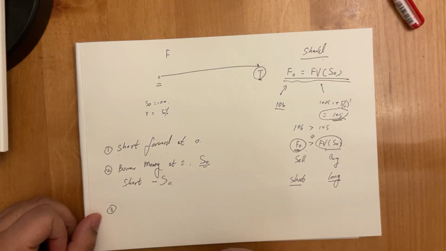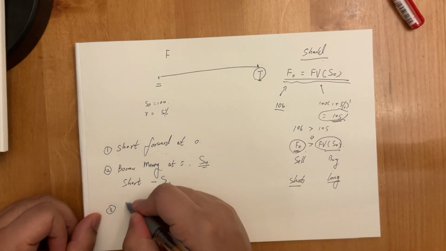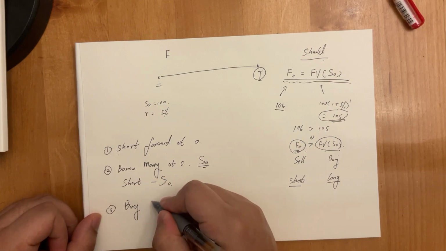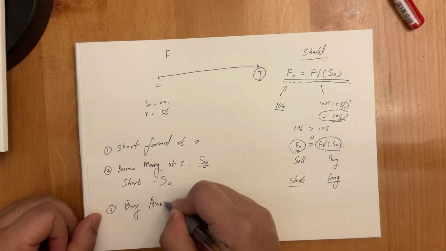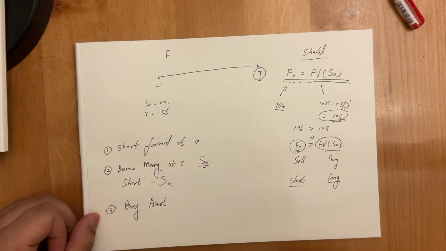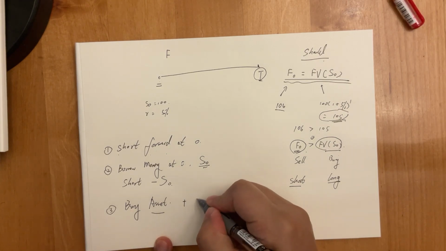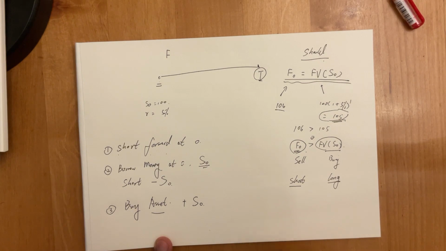And then you use that money to buy the asset. So buy this underlying asset, whether it's a bond or maybe a stock, something like that. Don't really care. You just buy the underlying asset. So you long the underlying asset.